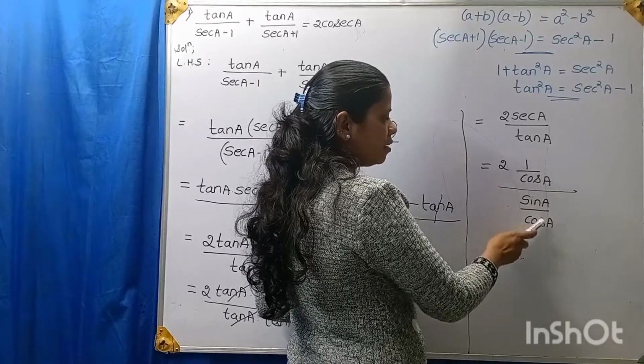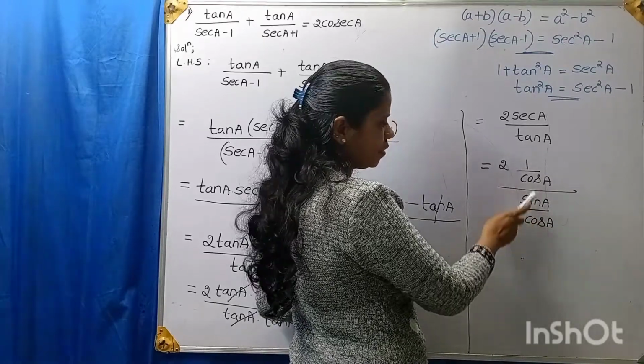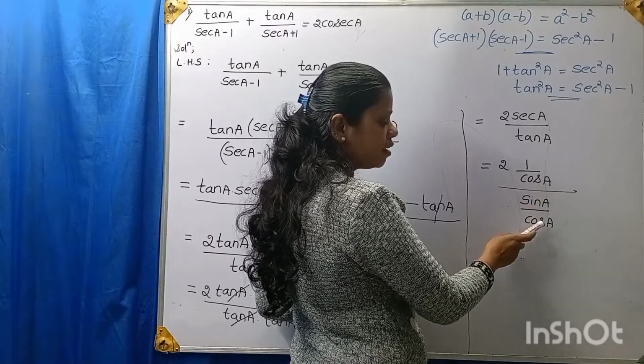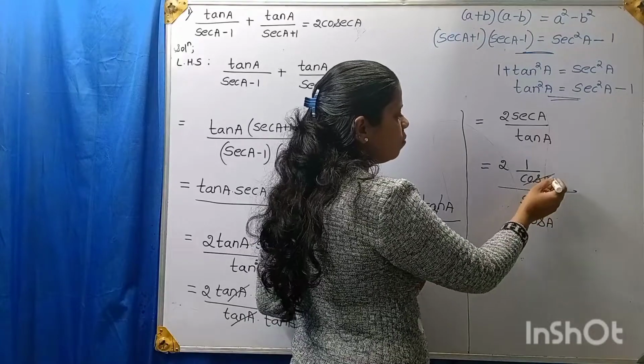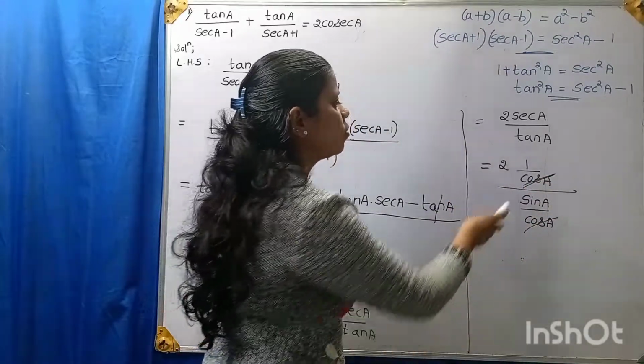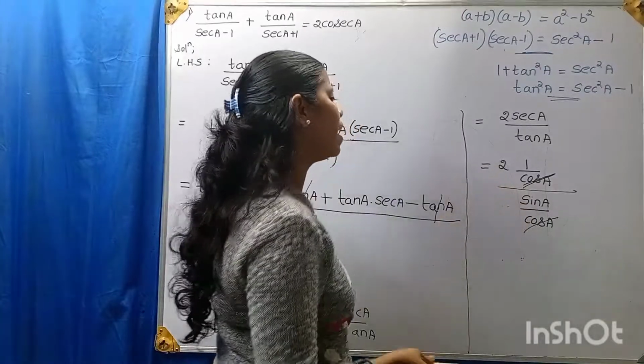In the denominator, cos A is the same here also, so both will get cancelled.